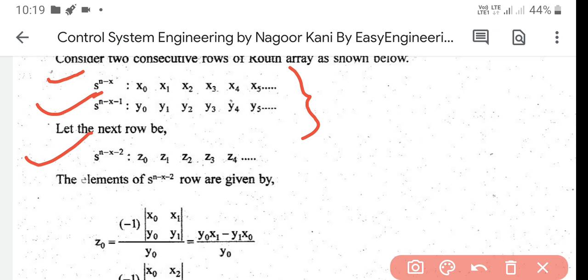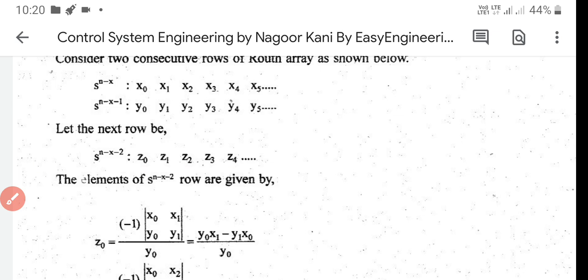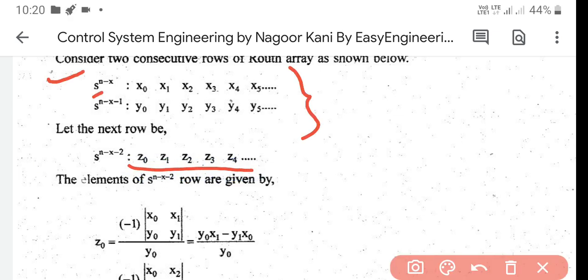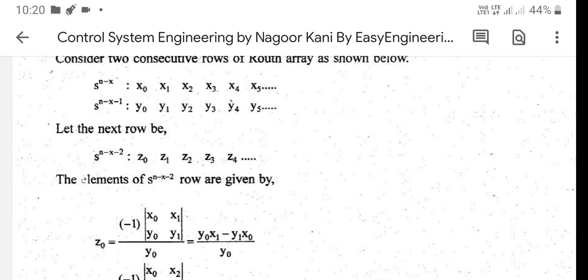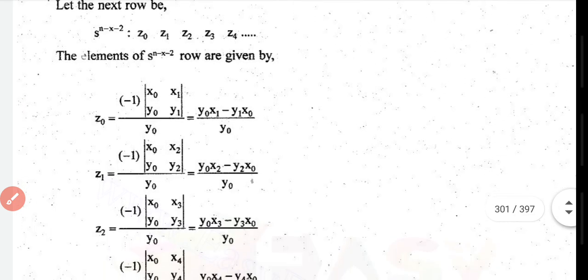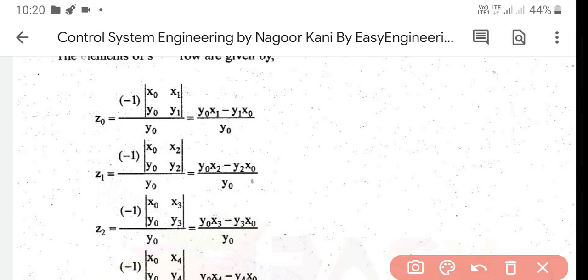What are the coefficients of the next row? We are considering the coefficients as z0, z1, z2, z3, z4 and so on. Now you have to find all these elements based upon the first row and second row. Z0 can be calculated by cross multiplying.